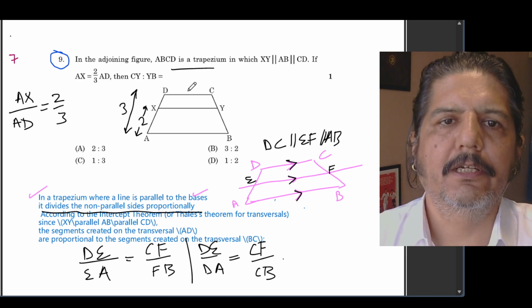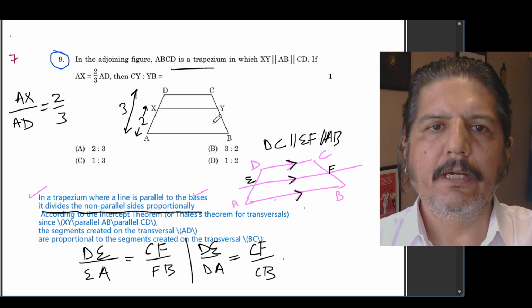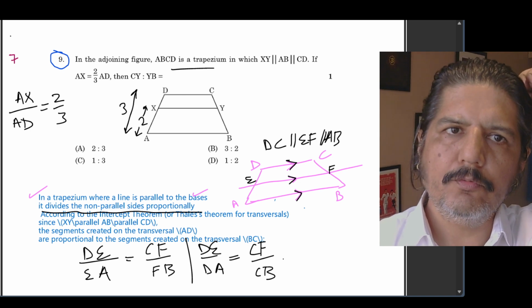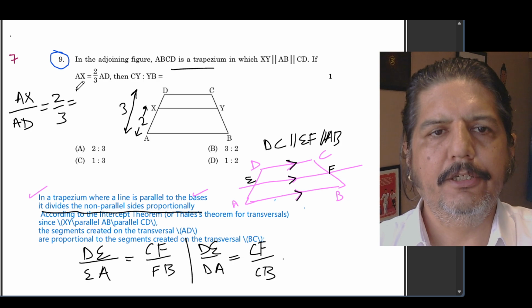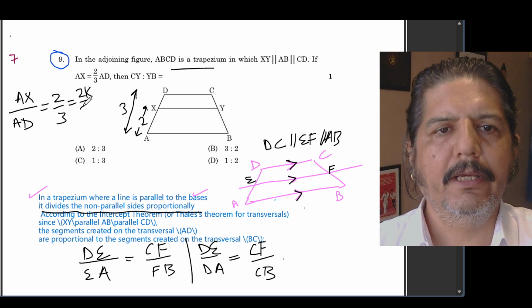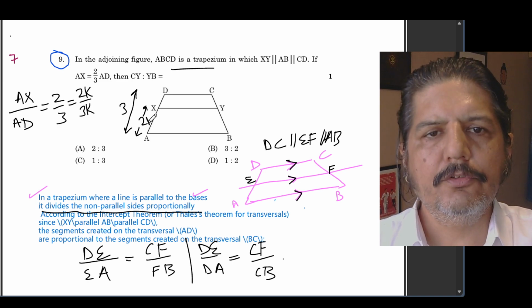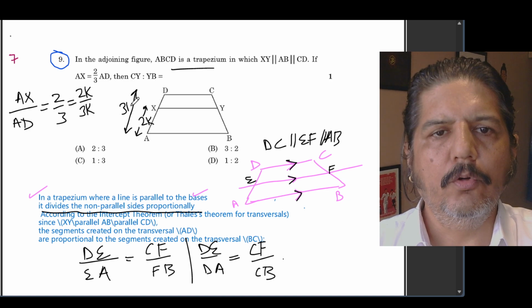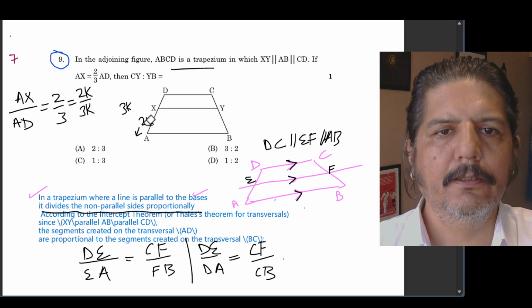They want the proportion of CY by YB. In all these questions, you can easily assume the ratio to be 2K by 3K, and then these questions become very easy. So this is 2K and the whole of this is 3K.